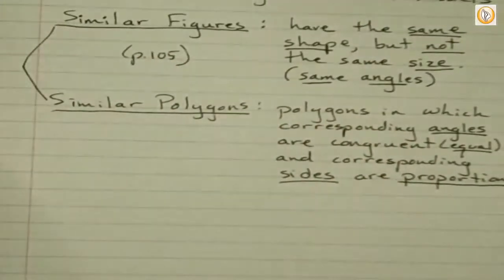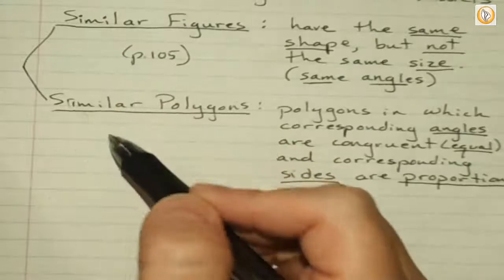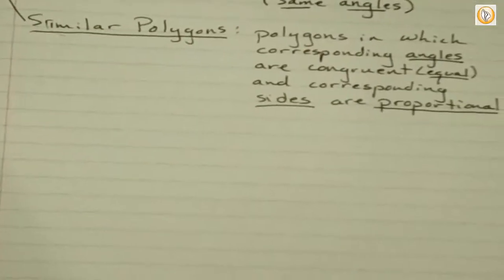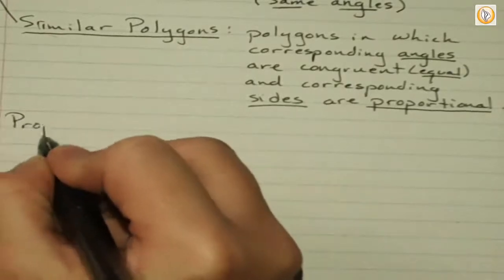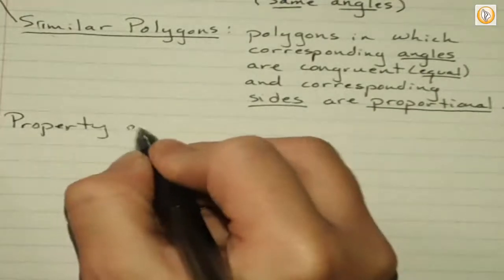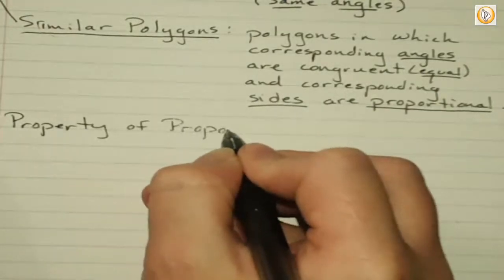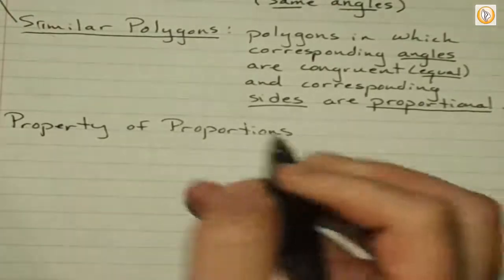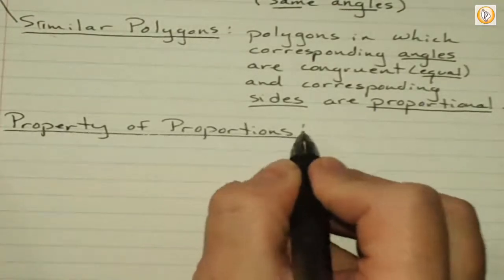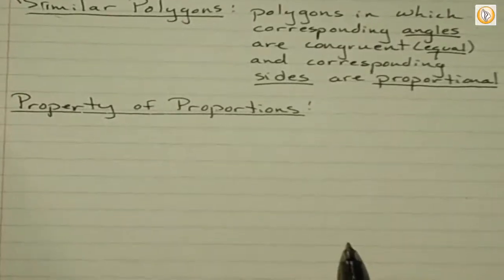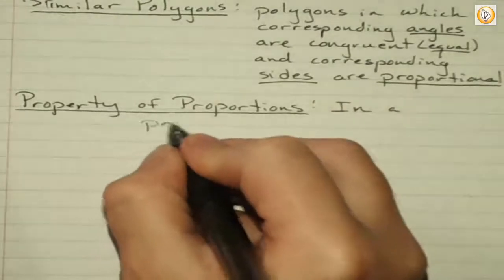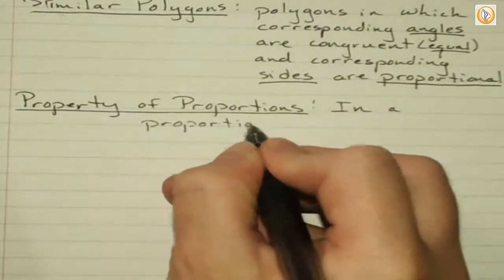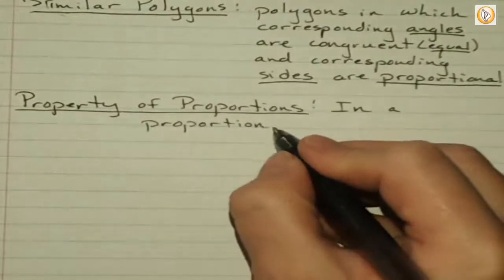Okay, so these two go together. These two go together. Now I'm going to talk about the property of proportions. In a proportion, if you can't see in the back, you need to move forward.